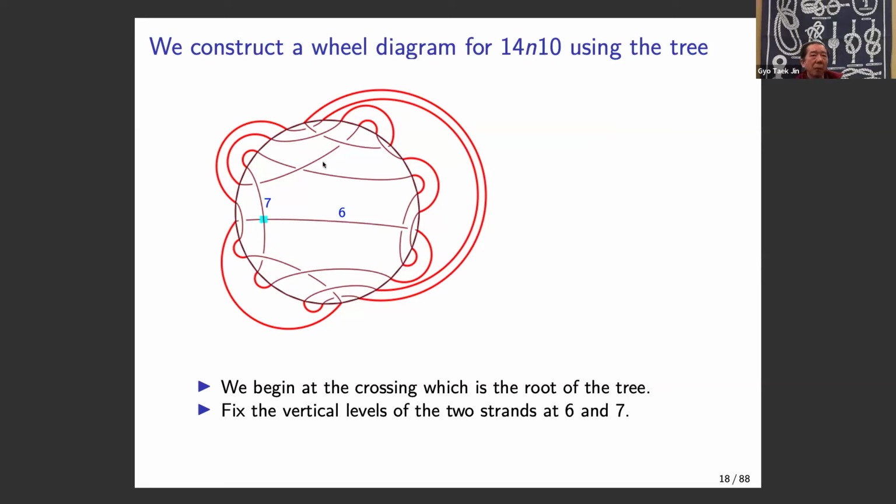Inside this tubular neighborhood, the strand from one boundary point to the other boundary point has constant height.